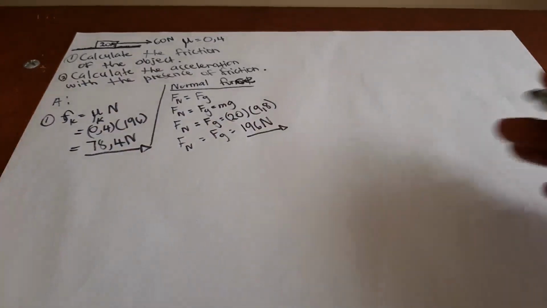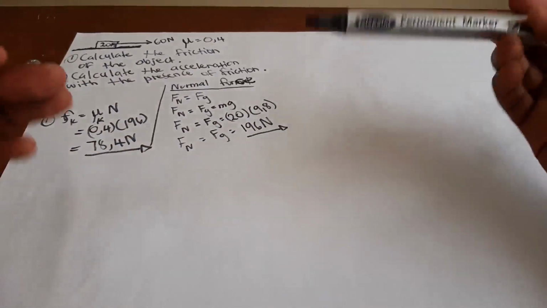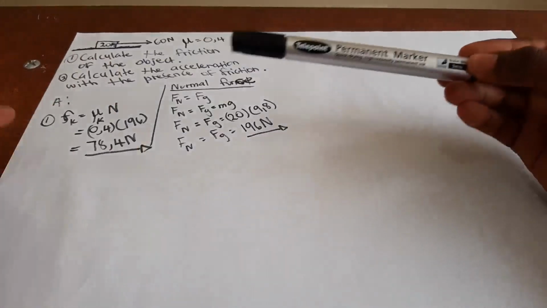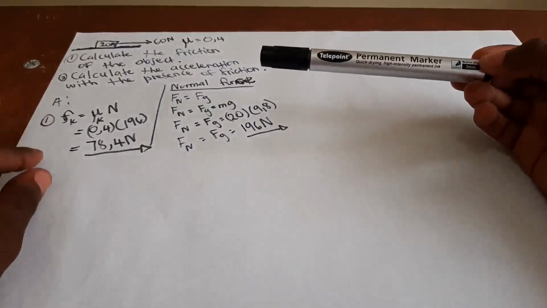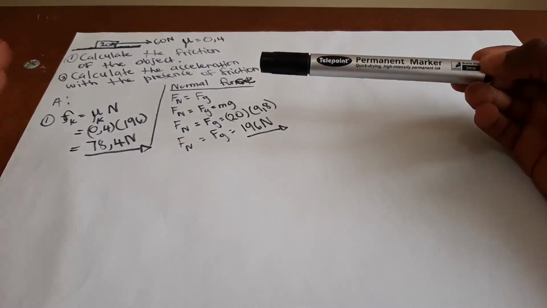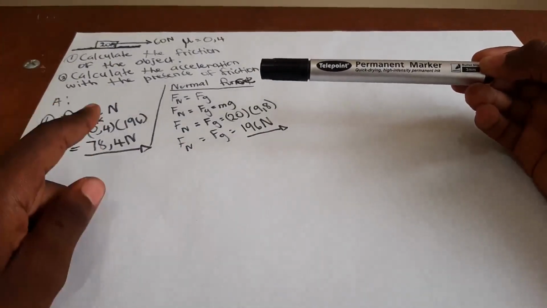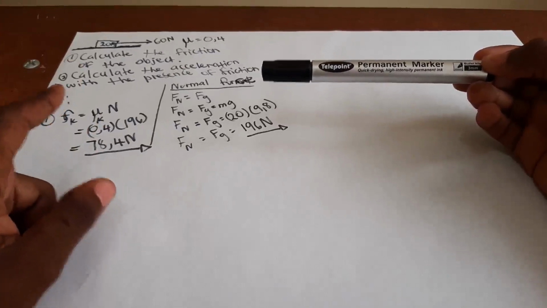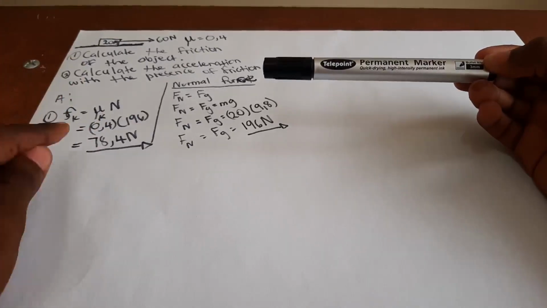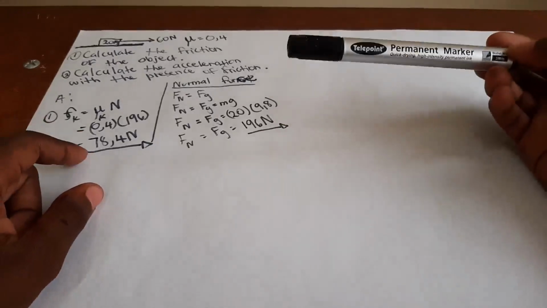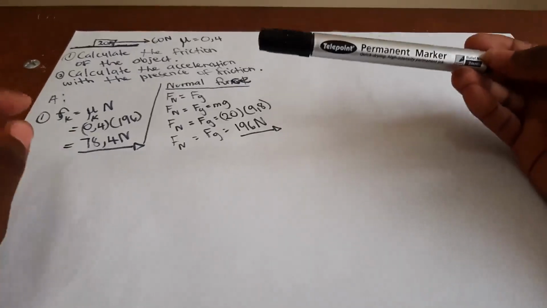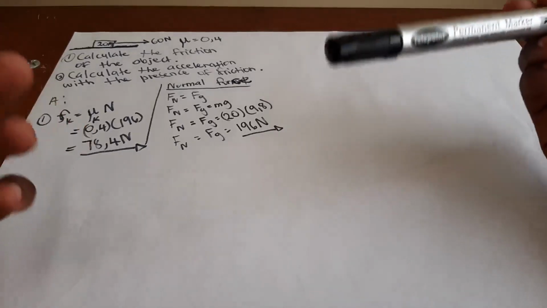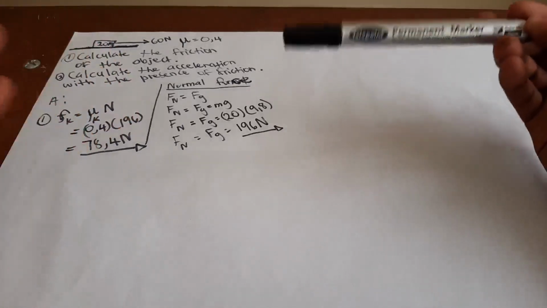So yes, again, maybe you're asking yourself, why is our kinetic frictional force greater than the applied force if the object is moving? This is my mistake, but not really a mistake. Our calculations are correct, our substitutions are correct, the scenario is correct.